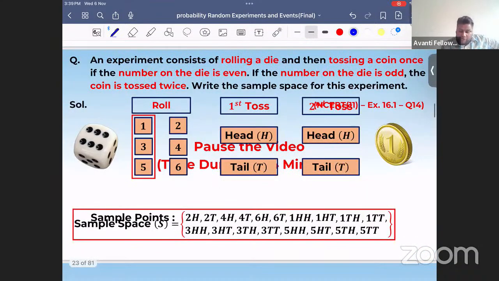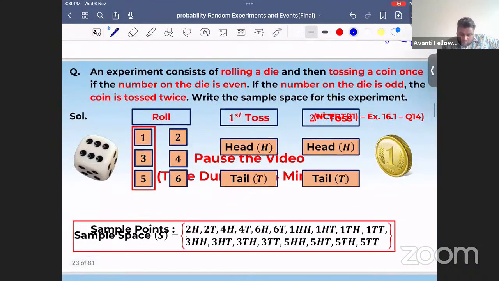So this is going to be your sample space. See, 2H, 2T, 4H, 4T, 6H, 6T. If 1 occurs, then HH, HT, TH, TT. On 3 also, the same. And on 5 also, the same. Am I clear?